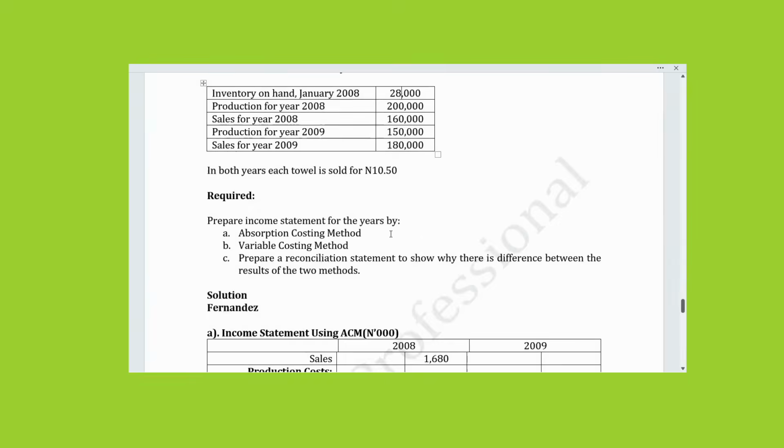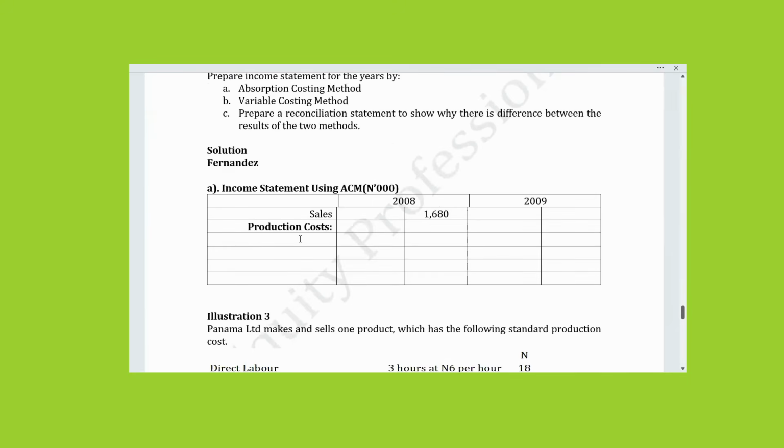Remember, because we are using absorption costing method, opening and closing stocks are valued at total cost per unit. So I will come here, opening stock.